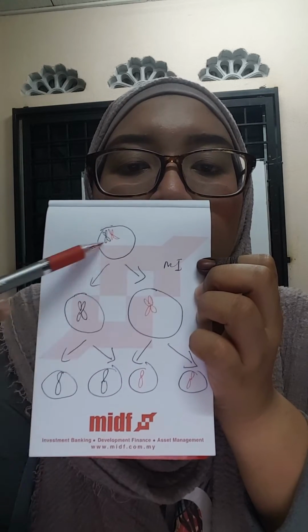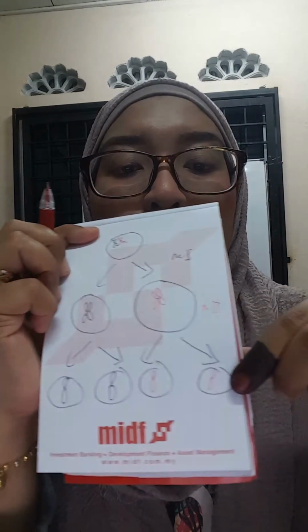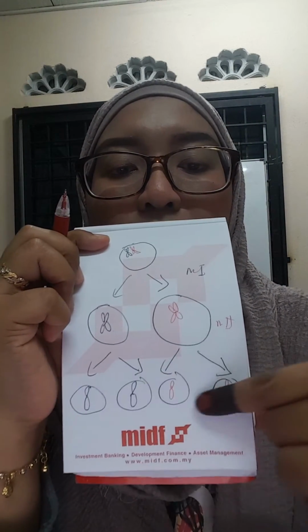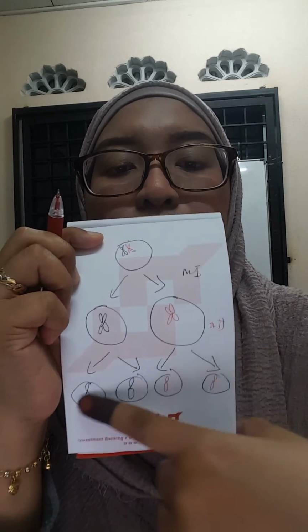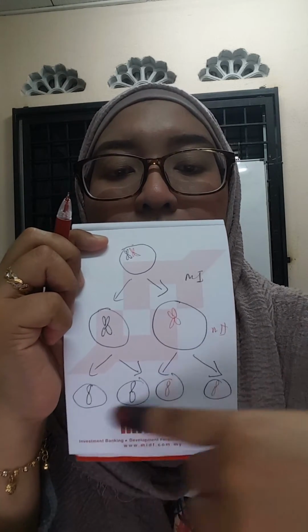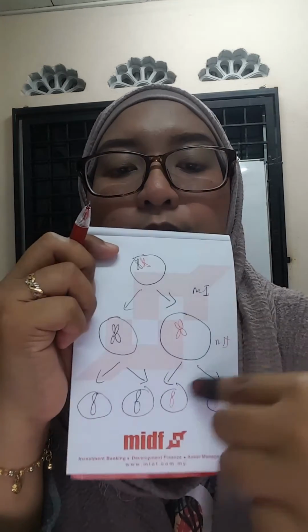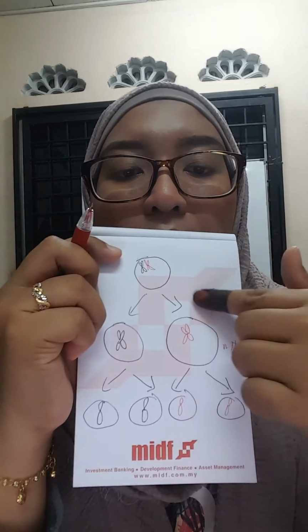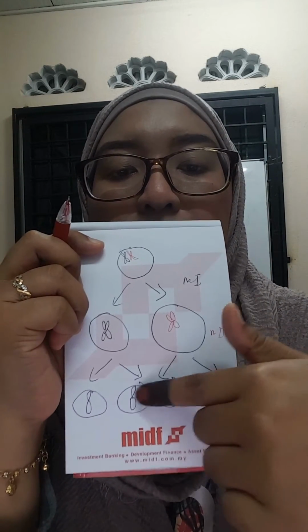Meiosis 2 dia akan separatekan, it will separate the chromosome into the sister chromatids. Ni kita panggil dia chromatid lah, okay. So habis meiosis 2 akan hasilkan 4 daughter cells. Bukanlah bilangan N tu jadi 4N, no. This is 2N. After meiosis 1 dah jadi N, and this one also N. N, N, N, N. Okay, bilangan dia semua haploid lah ni, okay.